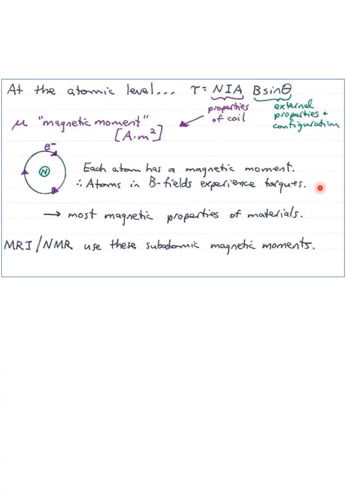And this is actually what leads to most magnetic properties of materials. The fact that the atoms that have magnetic moments experience torques in magnetic fields. And some medical applications, an MRI and an NMR, use these subatomic magnetic moments.